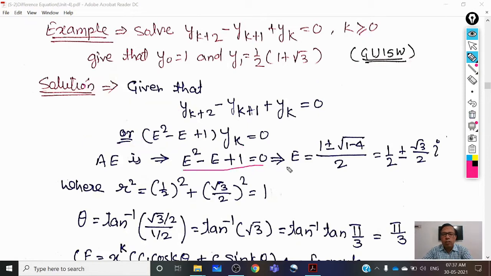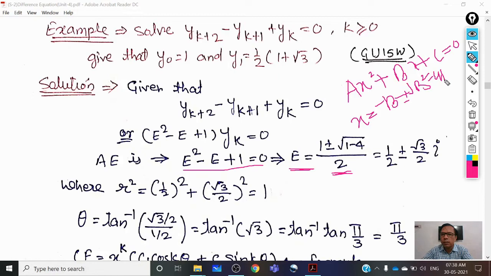So E equals, by using the quadratic equation formula, for ax² + bx + c = 0, x = (-b ± √(b² - 4ac)) / 2a.